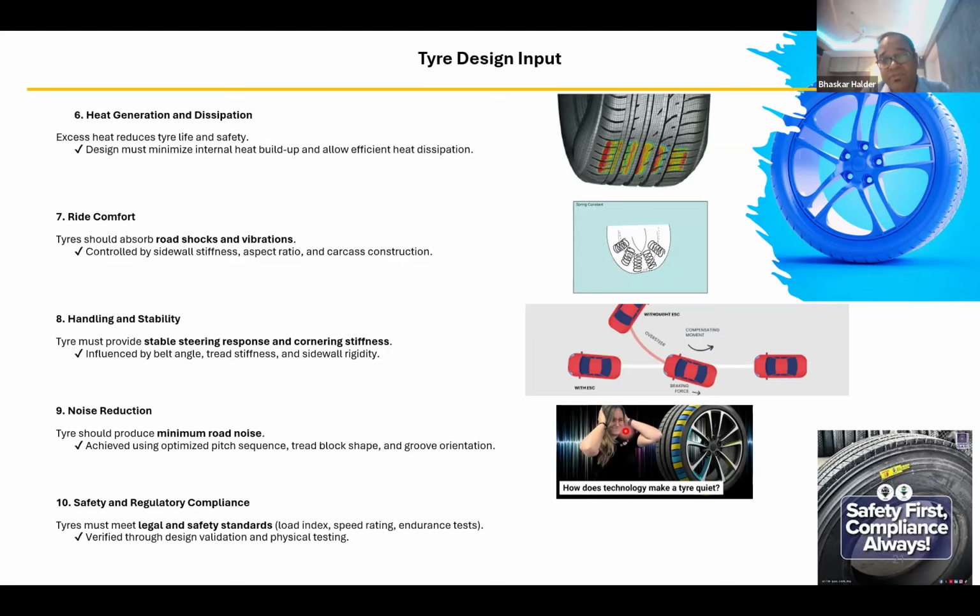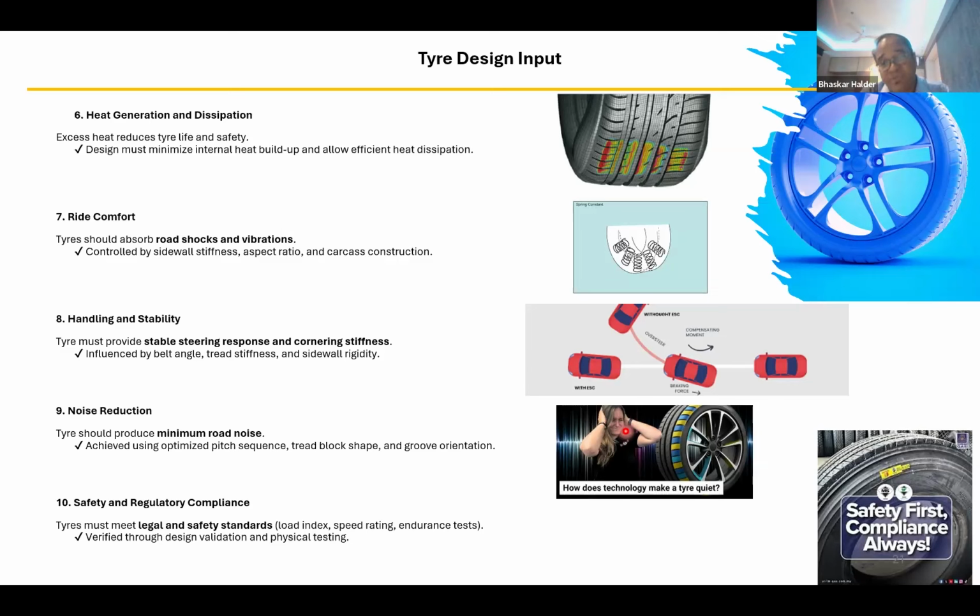Suppose on a stretch we are running 300-400 kilometers, the tire revolutions will be very high, and at that time there is always a chance of heat generation. So I have to design my tires in such a way that they can sustain the heat.